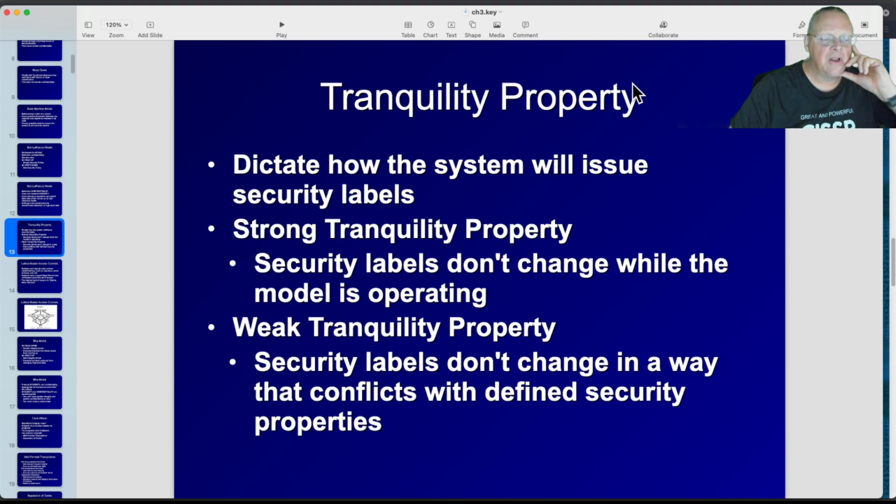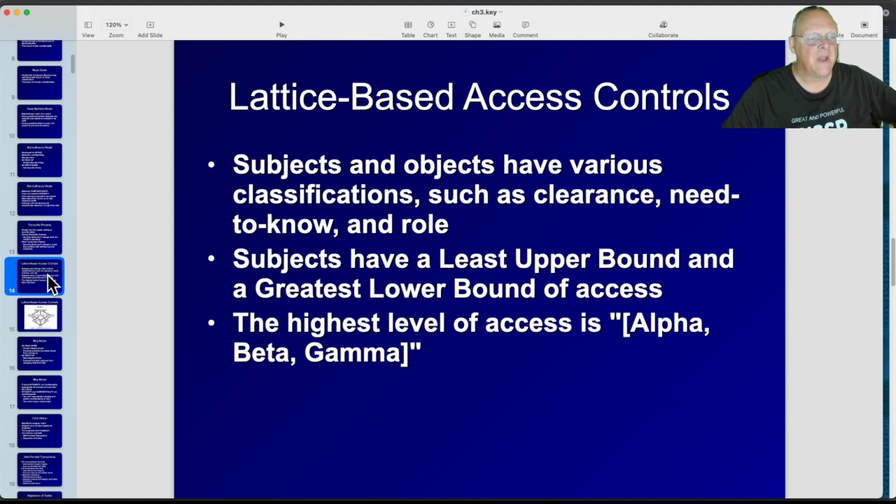All right, another property people talk about is tranquility, where you don't change security labels while the system is running. It's another desirable property of systems. Here's another one called lattice-based, where you have various clearances and classifications of people, and subjects have a least upper bound and a greatest lower bound of access.